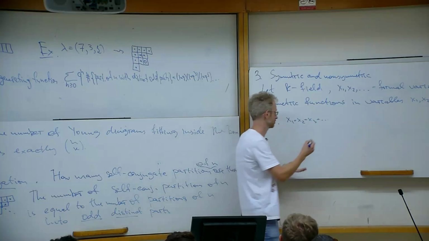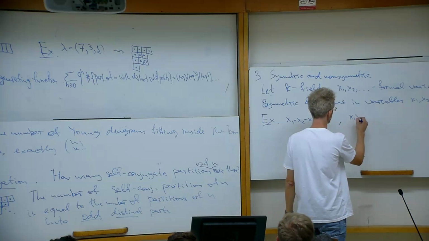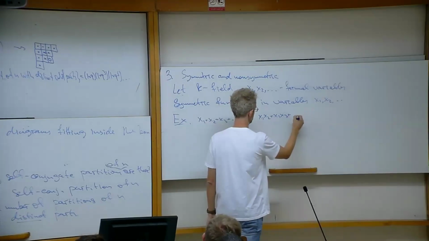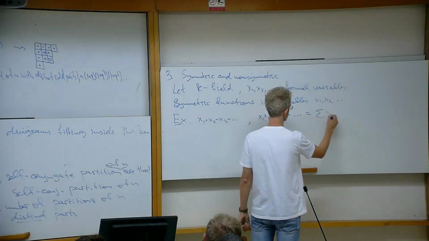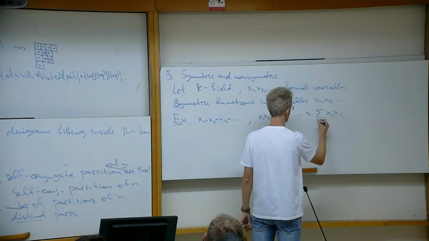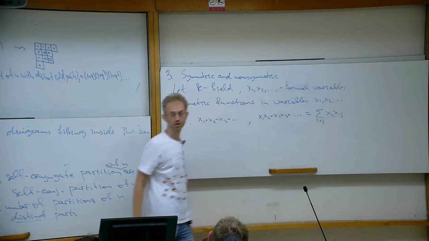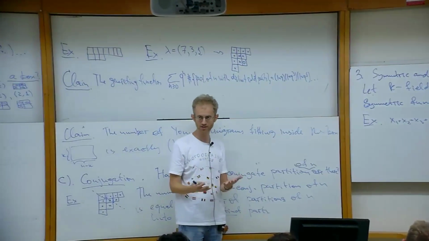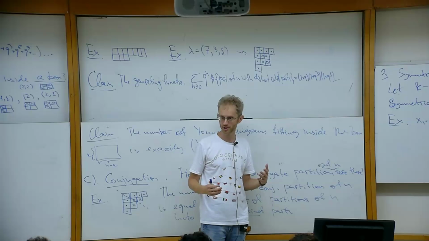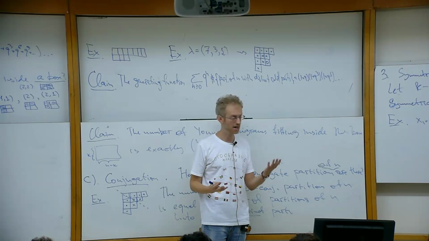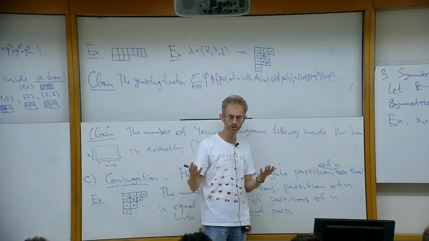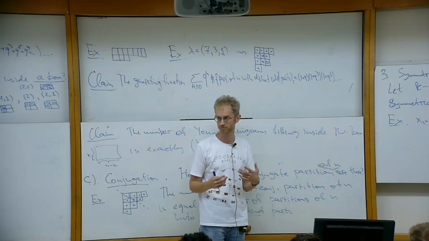And you can do, say, x1 x2 plus x1 x3 plus so on, the sum of xi xj with i less than j. These are actually not polynomials in the usual sense. These are infinite expressions, but very close to polynomials, right? Each term is a finite monomial in x.